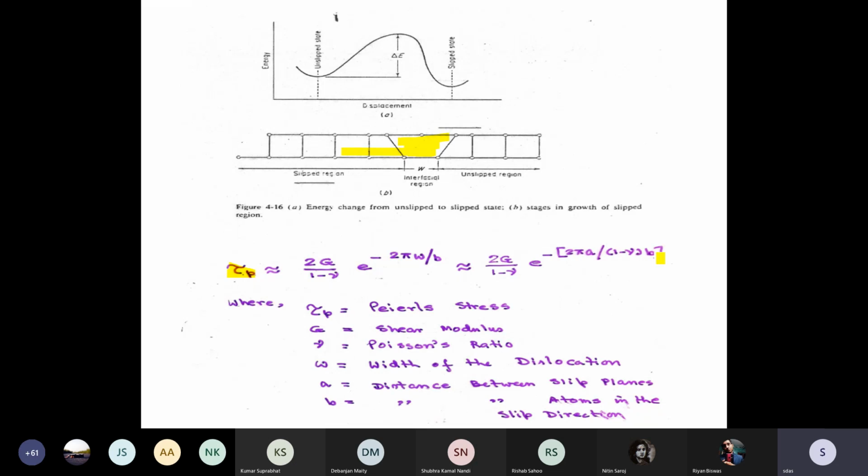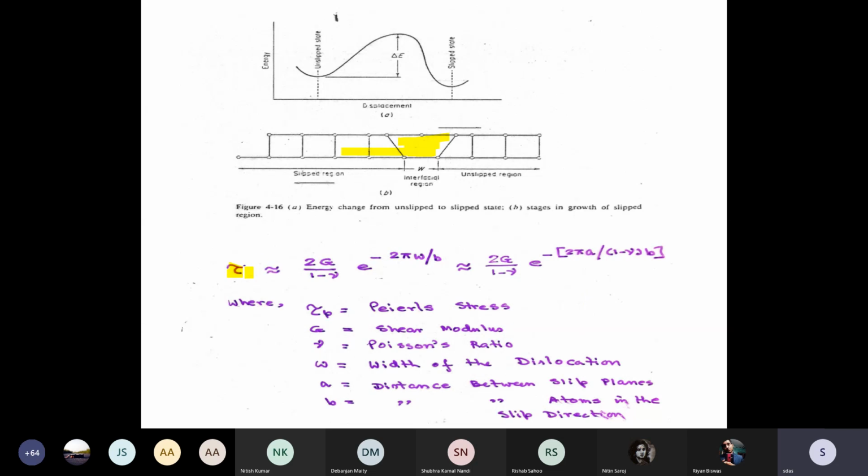Here a is the distance between parallel slip planes, and b is the distance between atoms in the slip direction, which is the Burgers vector. And w is the width of the dislocation.